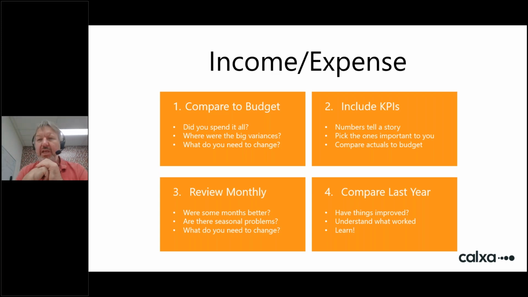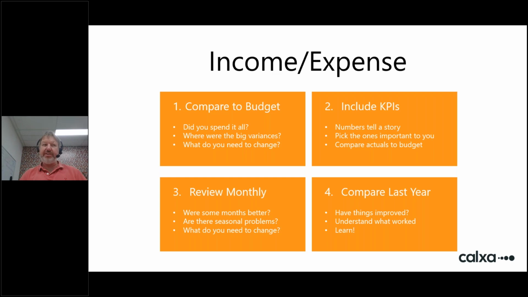One of the key things to do with your end of year reports when you're looking back is to look not just at the whole year compared to the budget, but also at trends within the year, so that you can get an understanding of which were the good months and which were the bad months, and what we can learn from that for next year.